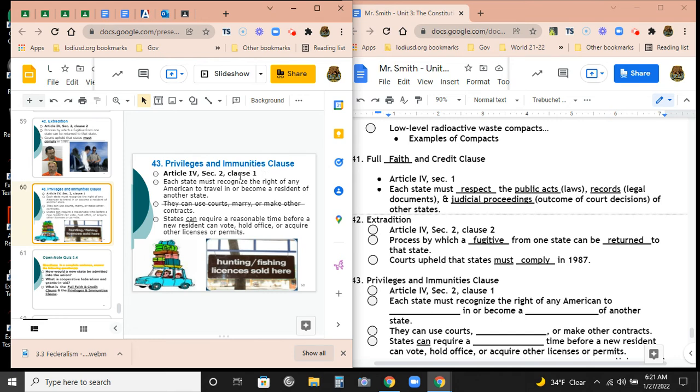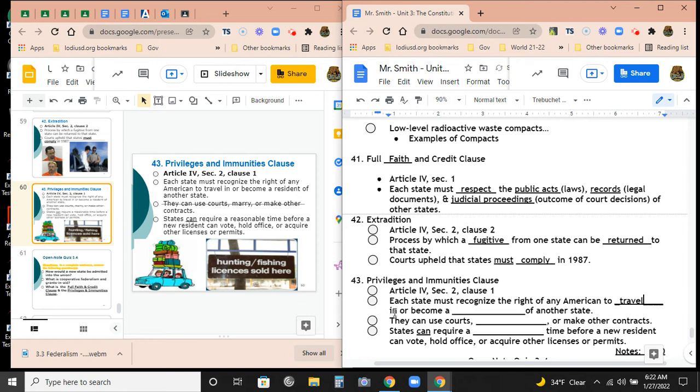Notice we keep saying Article 4 because that's where you find most of the federalism issues. So here we have each state must recognize the right of any American to travel in or become a resident of another state.